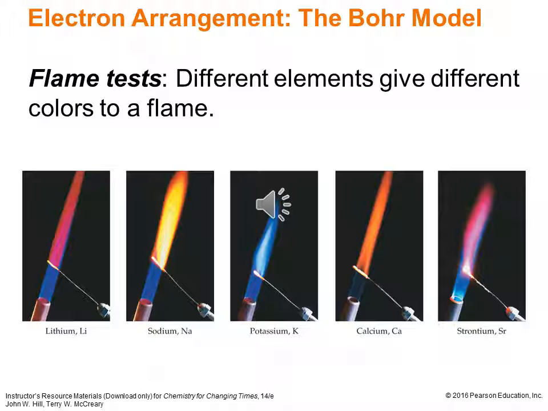And if you think about the flame tests, different elements give different colors to a flame. This is due to the different characteristic transitions. So if we think about a sodium atom, for instance, as having its nucleus be the sun in a solar system type arrangement, you'd have different transitions going between the different levels.